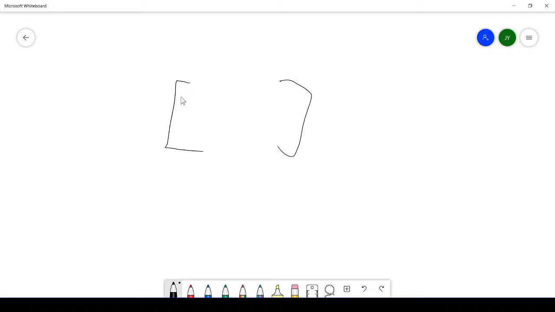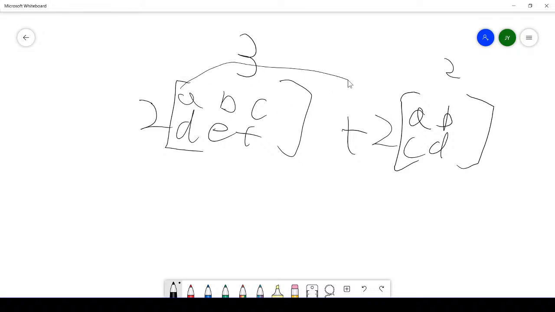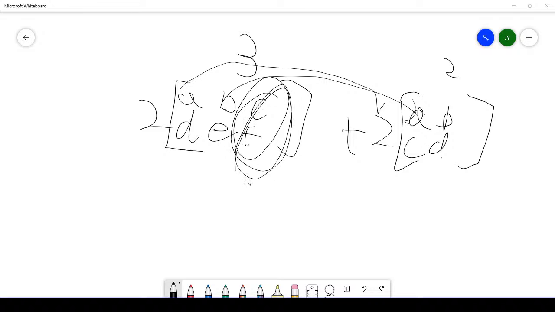So you can't add something that's 2 by 3 to something that's only 2 by 2. This is not allowed because each thing needs to correspond to something, but there's nothing for these two things to correspond to.